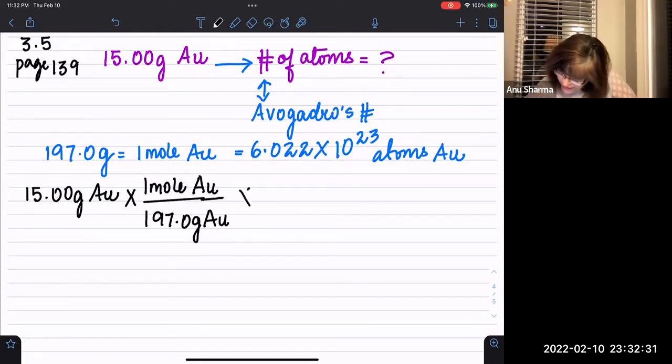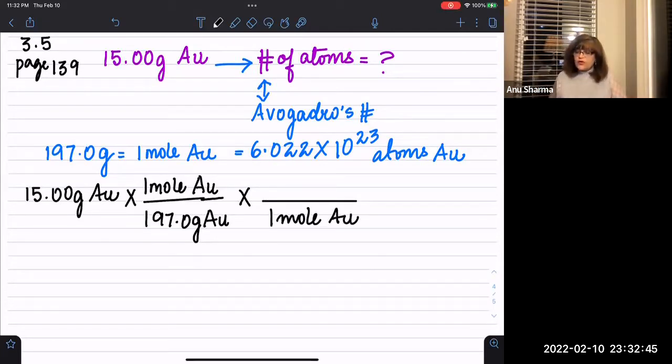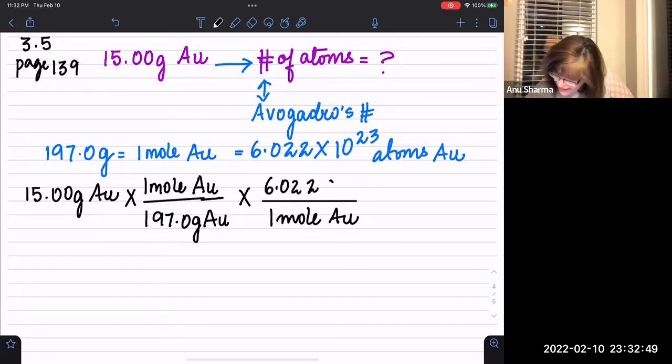Next is converting moles to atoms. 1 mole of gold contains 6.022 times 10 to the power 23 atoms of gold.